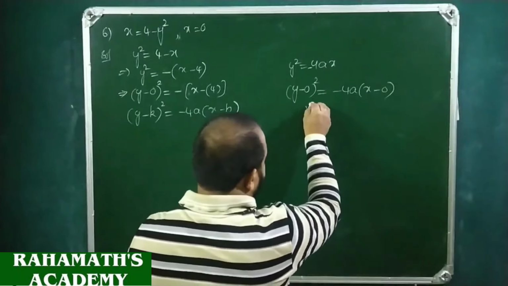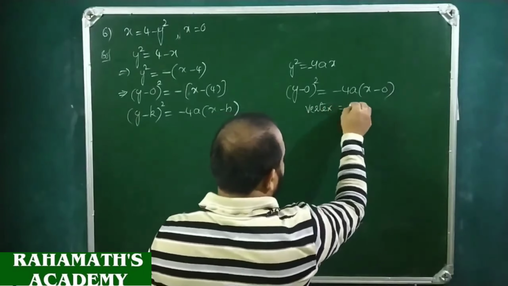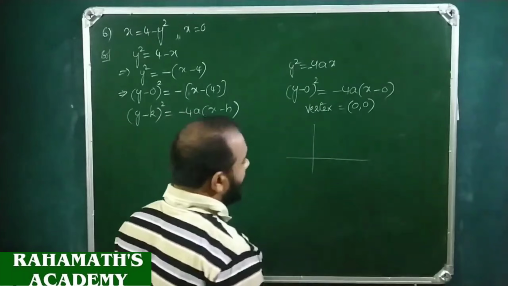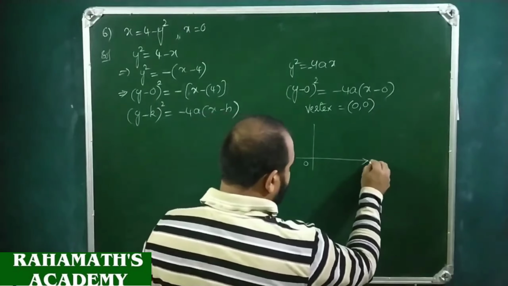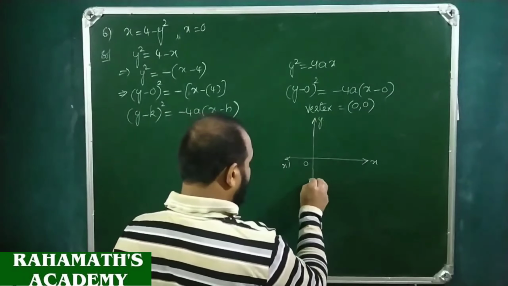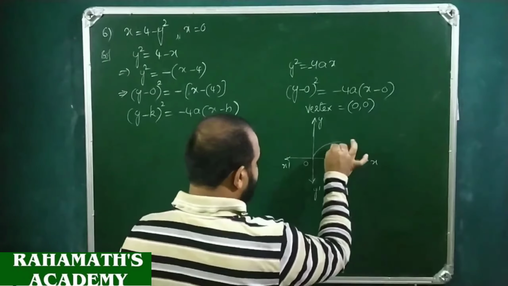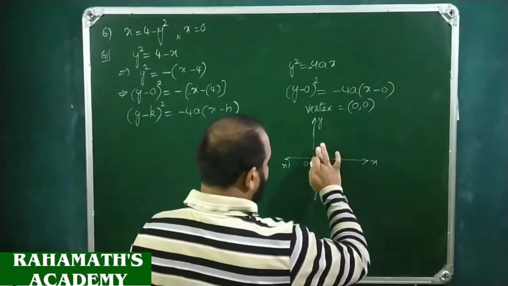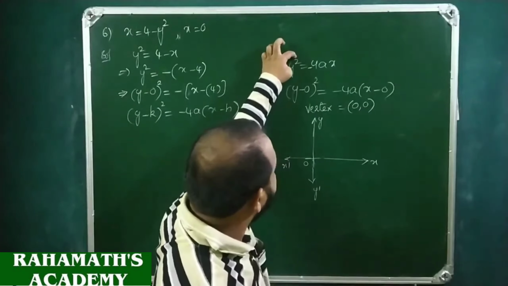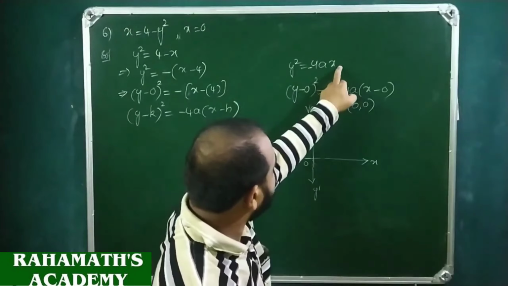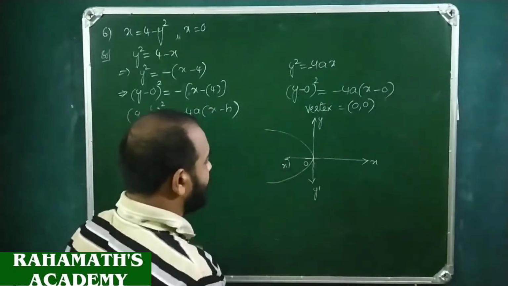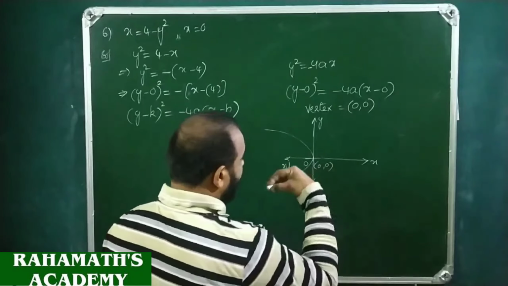Therefore its vertex is at the origin. Here y power is even, so it is symmetric about the x axis, and it opens in the negative x axis direction like this. So here this is 0, 0.